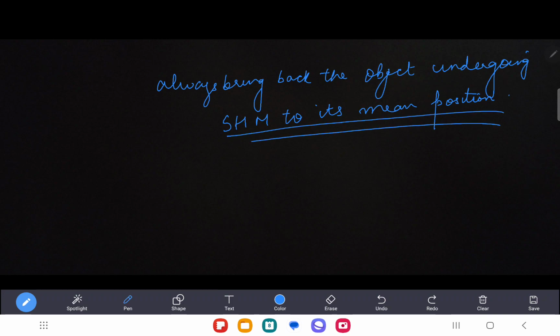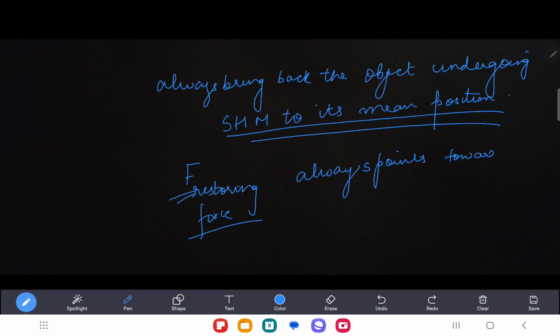Because it is a force, we call it restoring force. So the restoring force always points towards the mean position. You understand my point, right? Now you tell me.